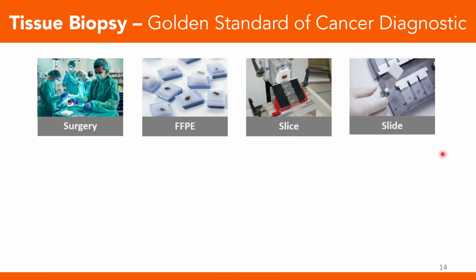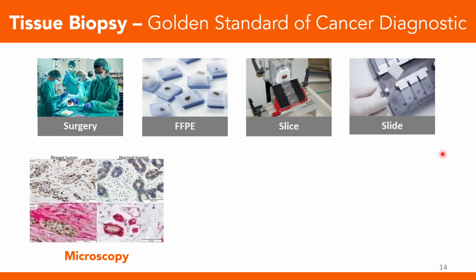About tissue biopsy, people know it's the gold standard of cancer diagnostics. If a doctor thinks the patient has some chance of having cancer, normally they ask the patient to have a surgery to collect the tissue, make it into FFPE, and slice it, then make a slide to do a microscopy test to check if there are any tumor cells inside or if it's normal.